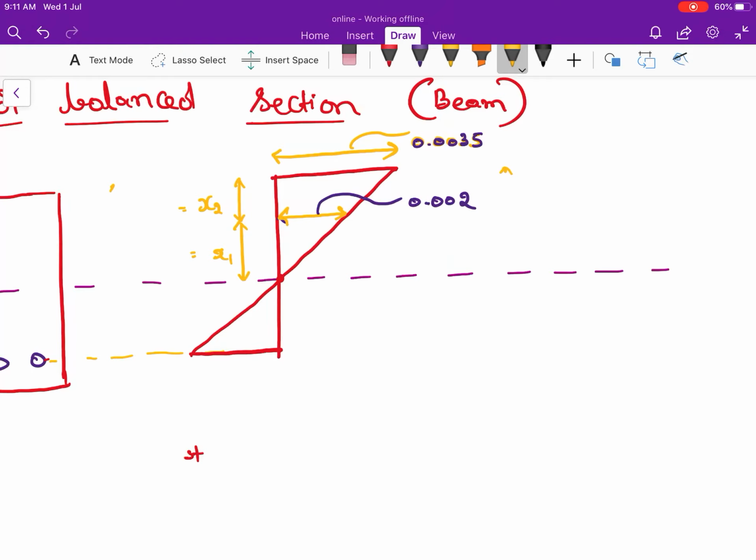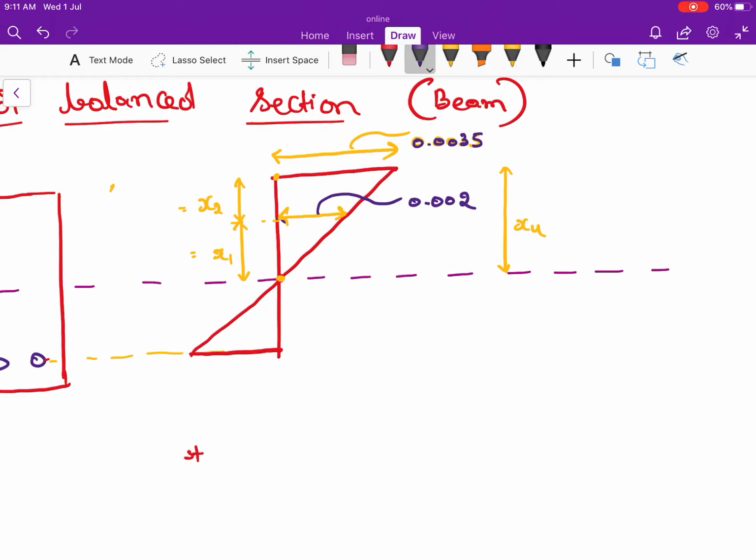From the neutral axis to the topmost compression fiber, the whole distance is XU, and let me take this as X1 and the remaining distance as X2. Now, by making use of these values, I need to calculate X1 as well as X2 by making use of the similar triangle concept.